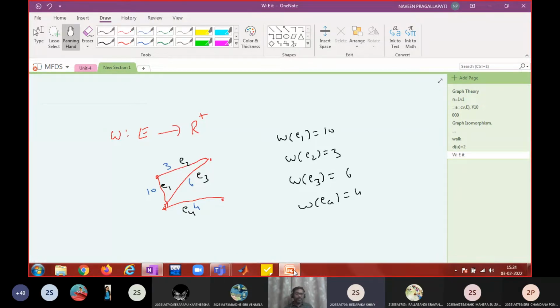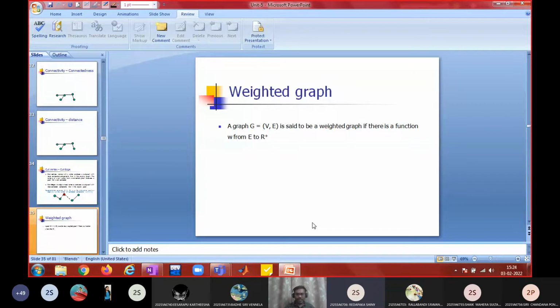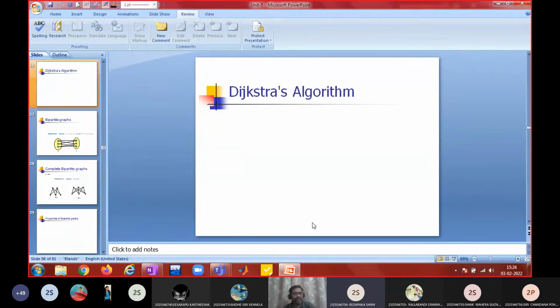That is given by a famous algorithm called Dijkstra's algorithm. This algorithm provides the shortest distance from one vertex to all other vertices in the same graph.